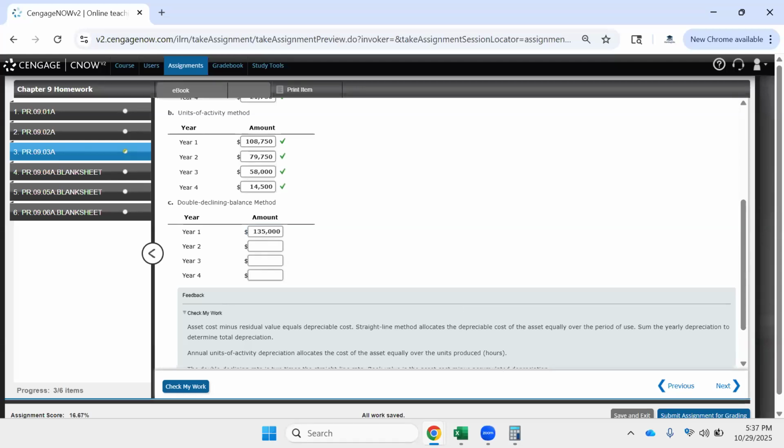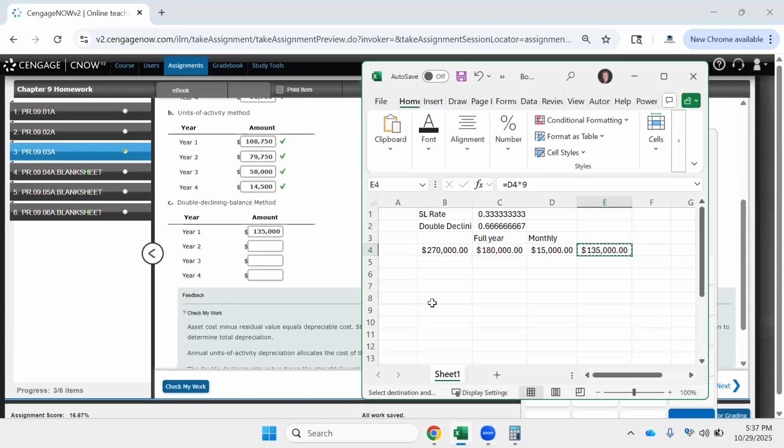And in year two, we have to take the net book value at the beginning of the year, which is the 270,000 minus the 135,000 in accumulated depreciation. And our value is $135,000.